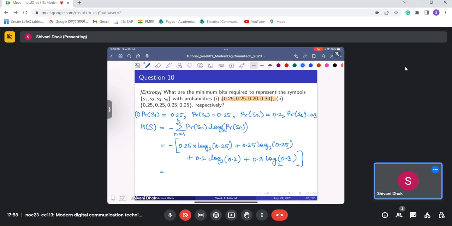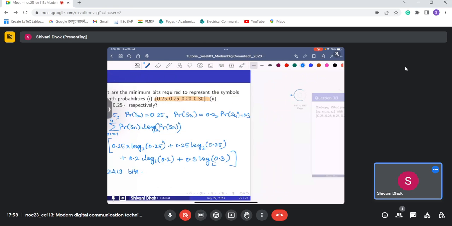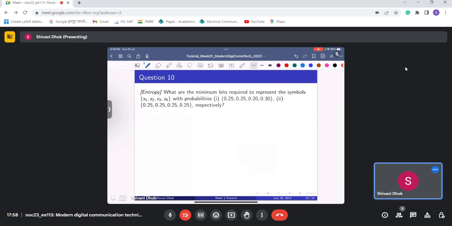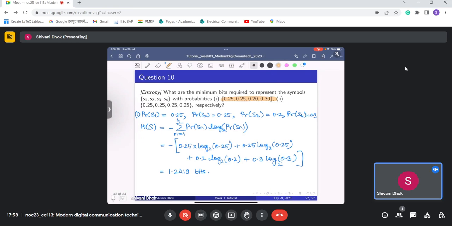If we simplify this using our calculators, this reduces to 1.2419 bits. So this entropy is the minimum average number of bits required to transmit.